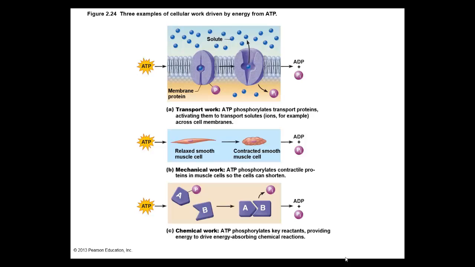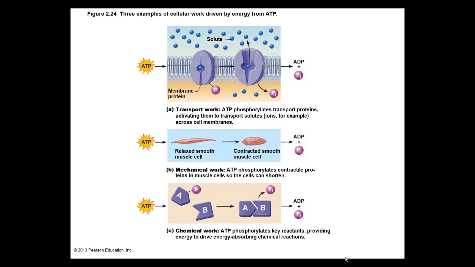These are just some of the examples where we use ATP in the body. One, active transport, which I don't think we're going to get to today. Active transport, if you remember, anytime we move things from a low concentration to a higher concentration, things don't like to be concentrated, we need ATP. When our muscles contract, we need ATP. We'll get more into that when we do muscle contraction. Or any type of chemical work.